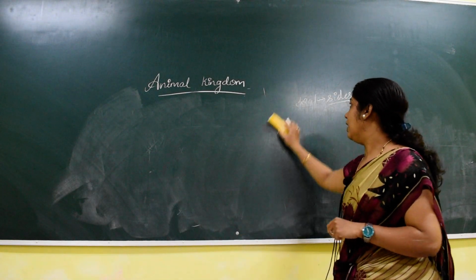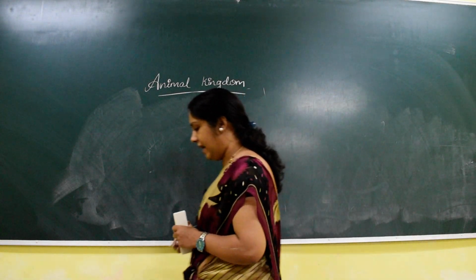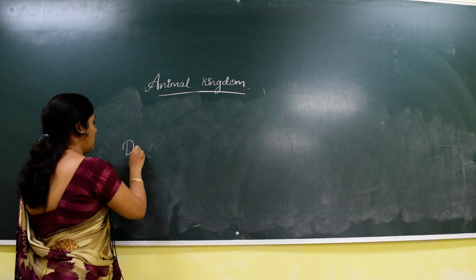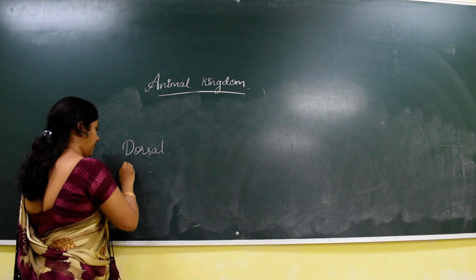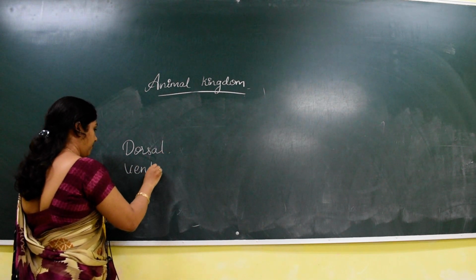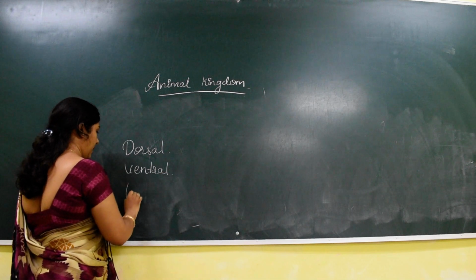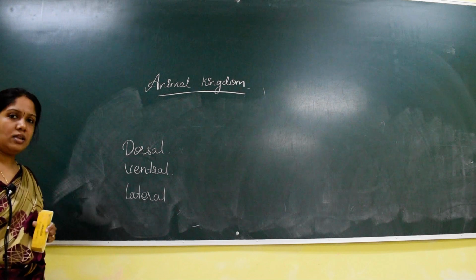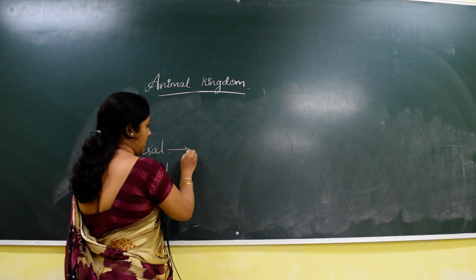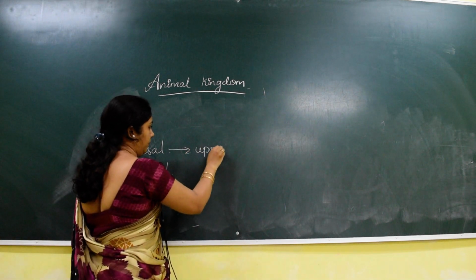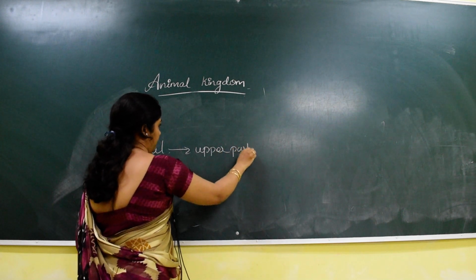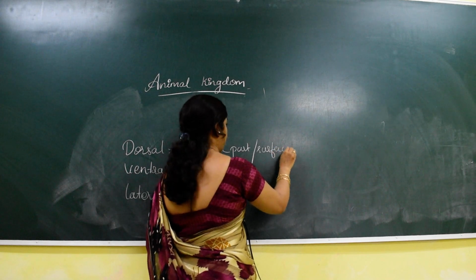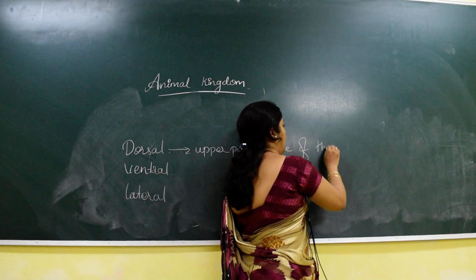Now, as we have discussed the word lateral, there are another two words, dorsal, ventral and lateral. So dorsal surface is the upper part or upper surface of the body.